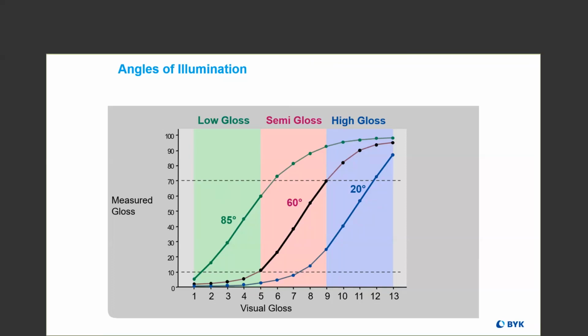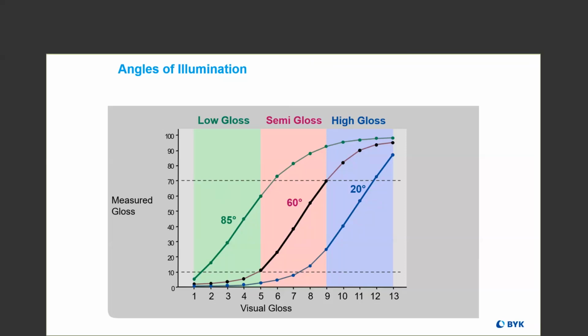So it really has to do with what you see visually. All these measurements are really just meant to replicate what we see visually and to align the numbers with what we see visually. If you can't visually tell the difference within a 5 gloss unit spread, you can use that as your tolerance.